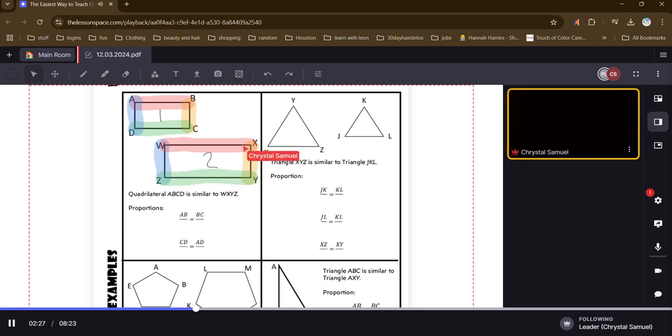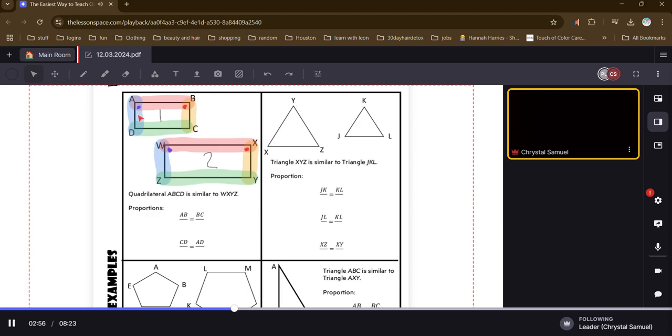So now everything is labeled. Then I'll go back in and also do my corners, do my angles as well. So angle A, I'm going to make purple, along with W is purple. Angle B, I'll make it red, and angle X is red.